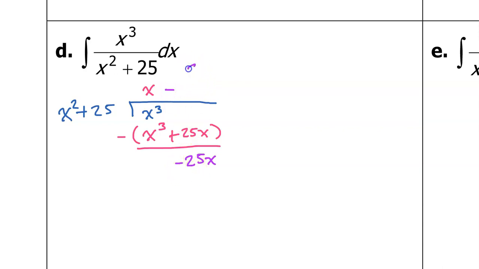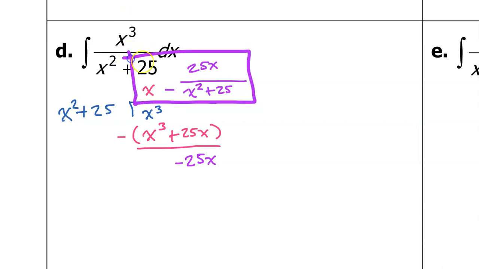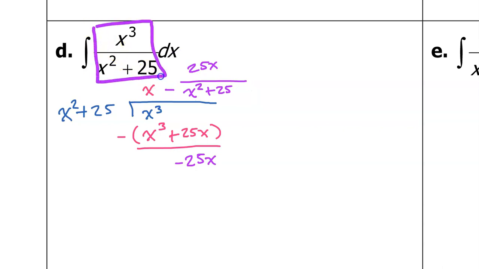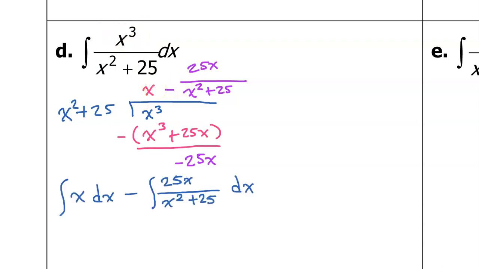And then we put the 25x remainder over the divisor, which is x squared plus 25. Everything you see right here is equivalent to the integrand that we started with. So I am going to make that substitution on the next step. I went ahead and divided this up into two separate integrals.